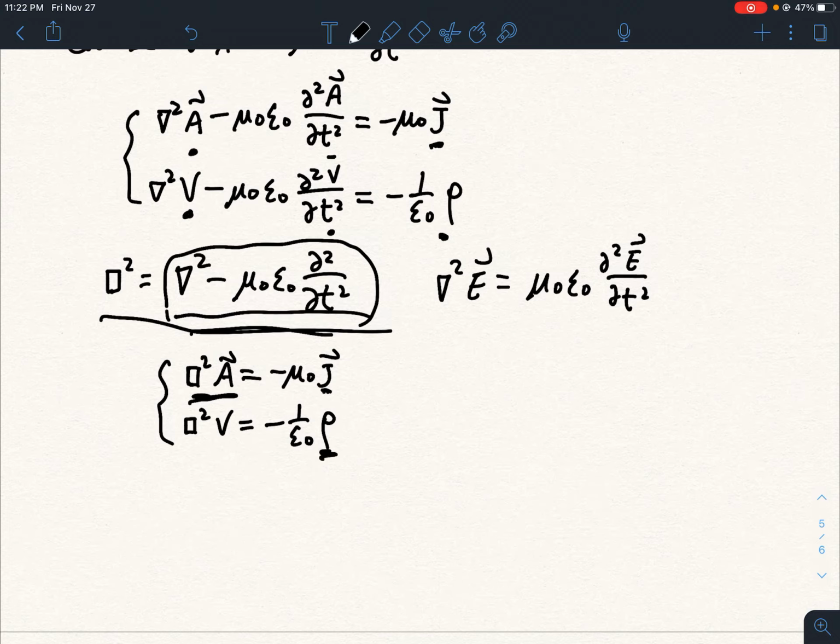And of course, if J and rho are not zero, it really means A and V satisfy these inhomogeneous wave equations.